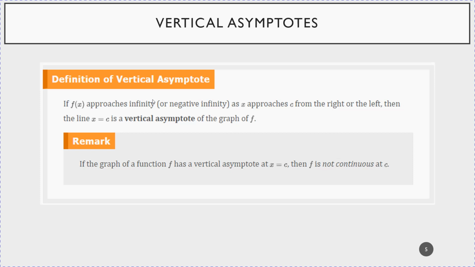So then this line, x is equal to c, is a vertical asymptote of the graph of f. So just a quick remark, if the graph of f has a vertical asymptote at c, then f is not continuous at c, and it's a non-removable discontinuity.